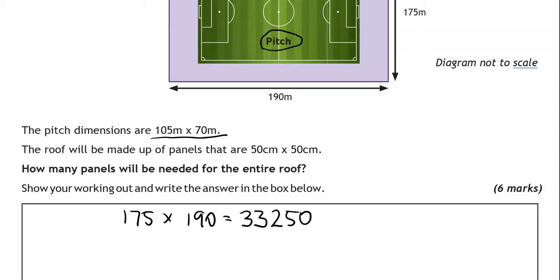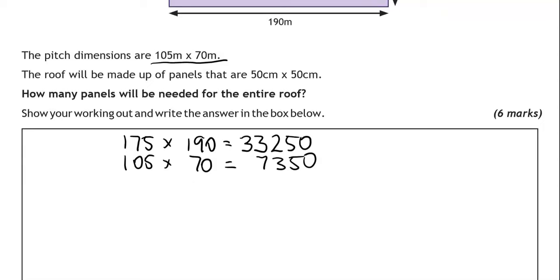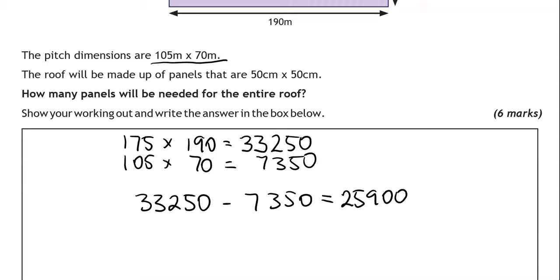Then the area of the pitch, which can be worked out by multiplying 105 by 70, which is 7,350. Working out the difference, 33,250 take away 7,350 gives us 25,900 square meters.